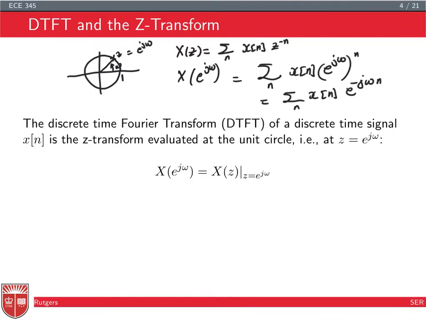And this is exactly the connection between the Z transform and the DTFT. So we say that the DTFT of a signal is the Z transform X(z) evaluated at z equal to e^{jω}.